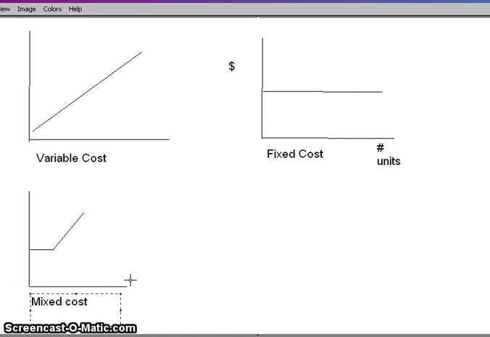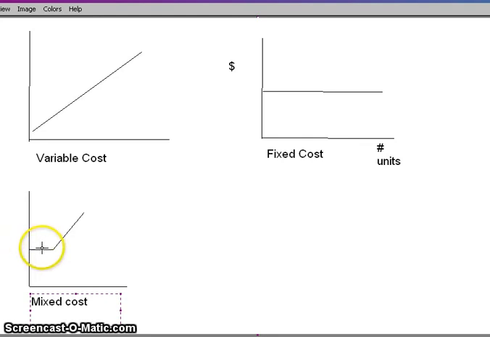Let's say that you pay a normal lease amount for the car every single month, the same amount, it doesn't change no matter what. But maybe you hit the end of that lease, and for every mile that you drive over whatever the number is, let's say 100,000 miles, now you have to pay 30 cents a mile for every mile over 100,000 miles.